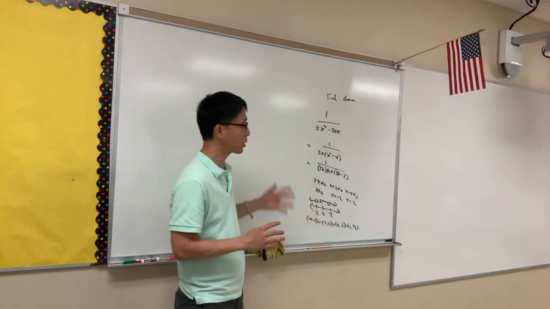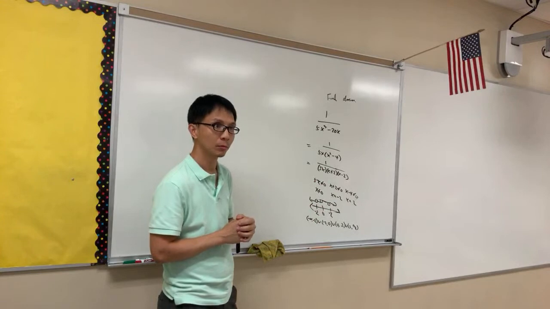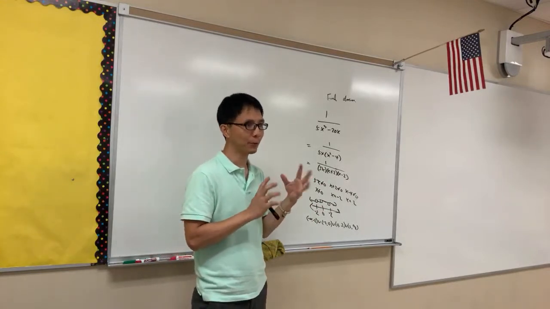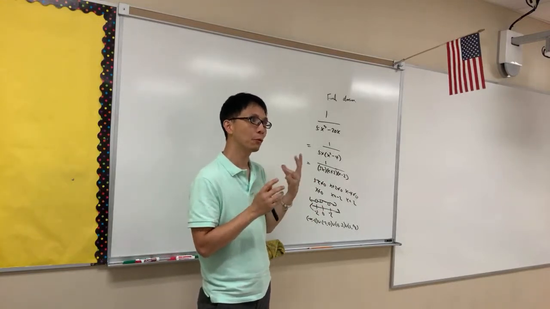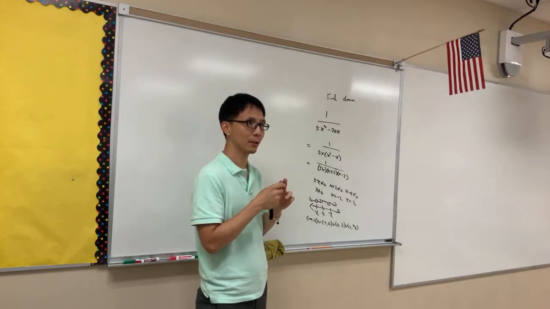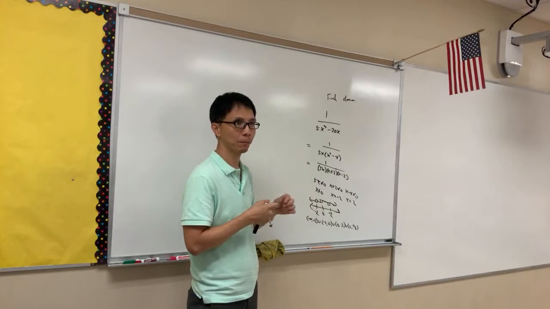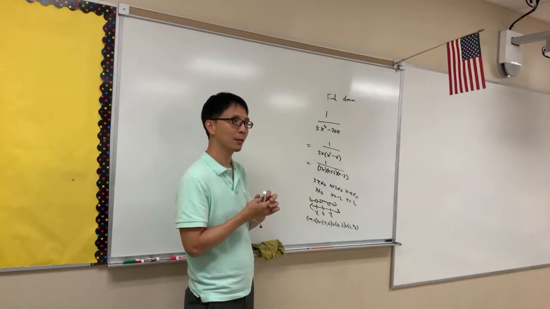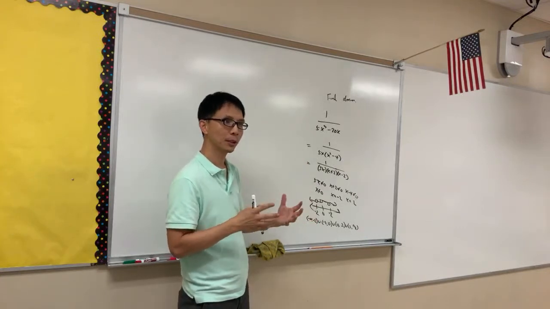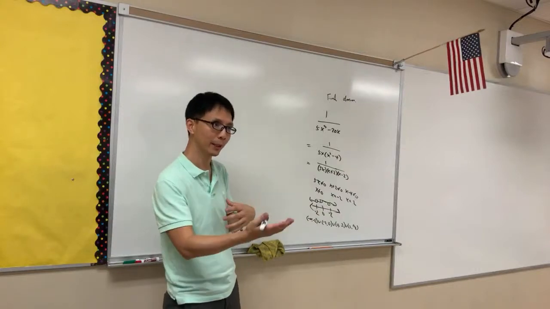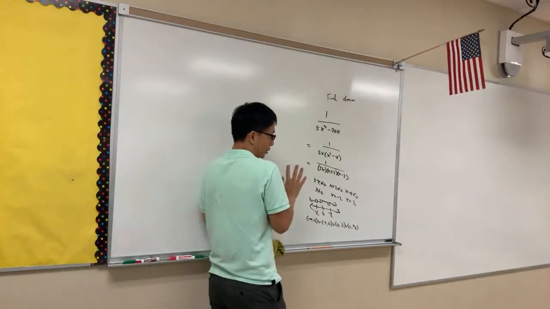Okay. Question about finding domain. There are only 2 major types of domains that are going to cause issues: one is rational expressions, another is radical equations. And there are others, logarithms and trig equations, but we'll talk about that when we get there. Right now we don't deal with them yet.